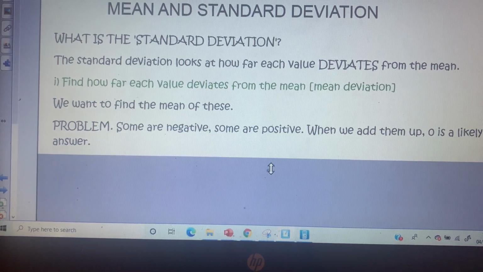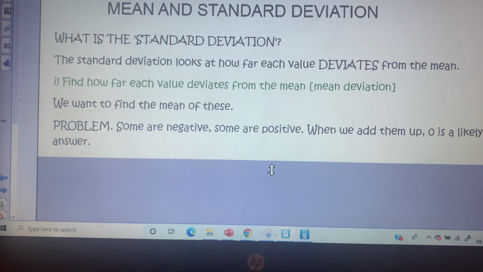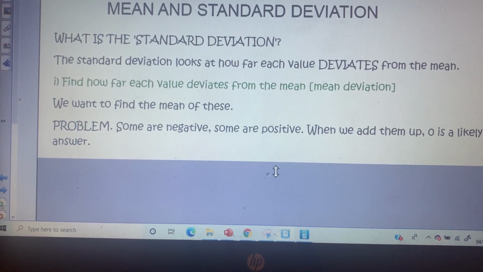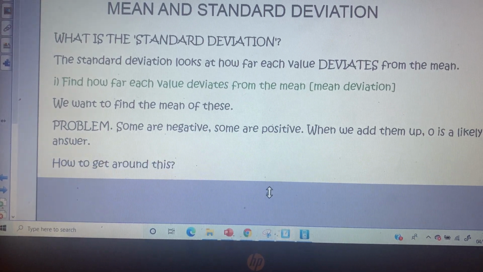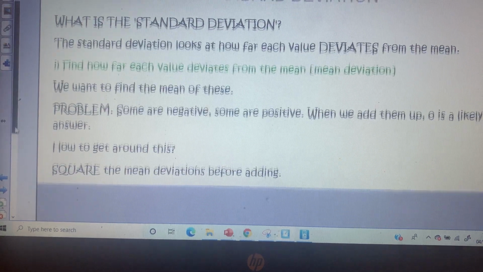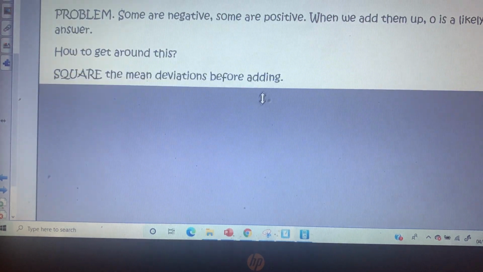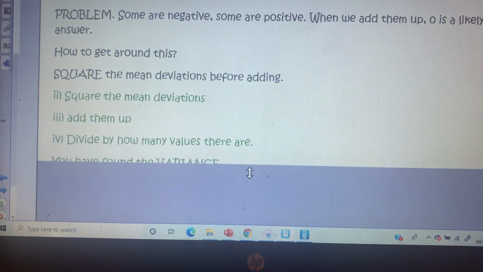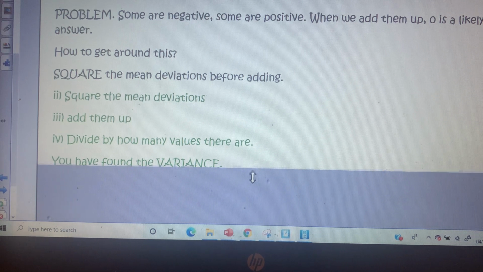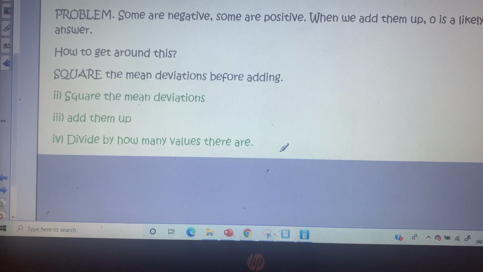So to counteract that, we square them, we find the mean of the squares of those deviations, and then to counteract the squaring, we square root it. Okay, don't worry about it. You're going to be given a formula, and we hardly ever use this method anyway. It's just to show you where it comes from.